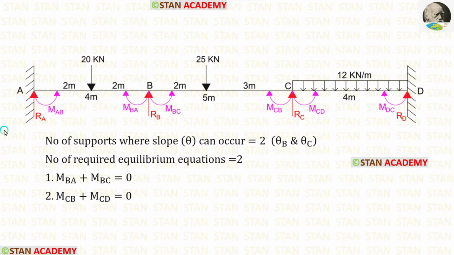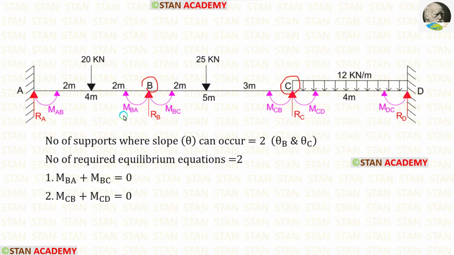In this beam, first let us check at the ends. At the ends A and D, we are having fixed supports. In the fixed supports, there will be moment, so we cannot make the equilibrium equations. Now, we do not have any other option. We have to see only at the joints. In this beam, there are two joints, joint B and joint C. The summation of the moments in these joints will be 0.